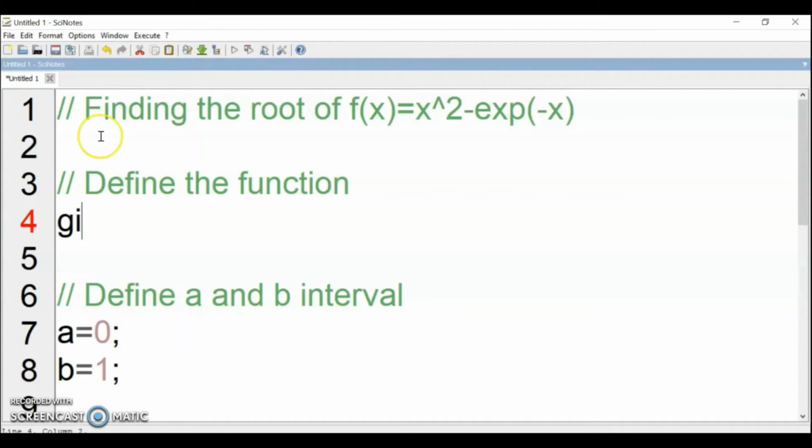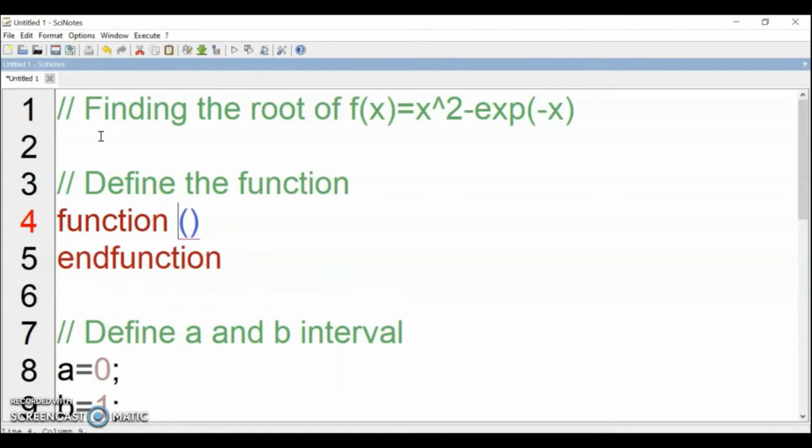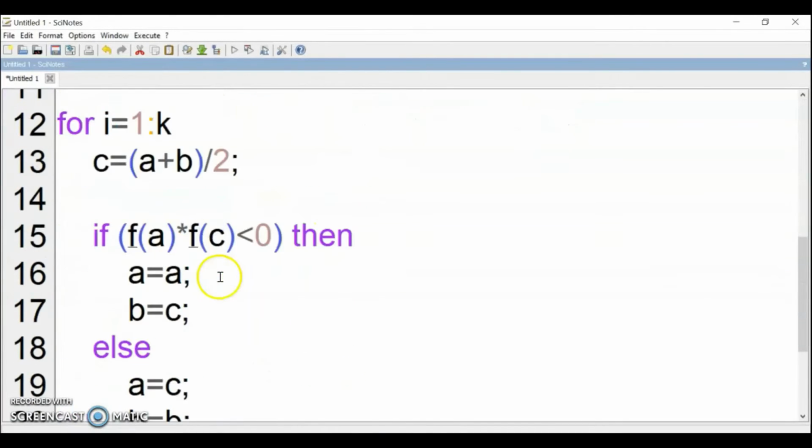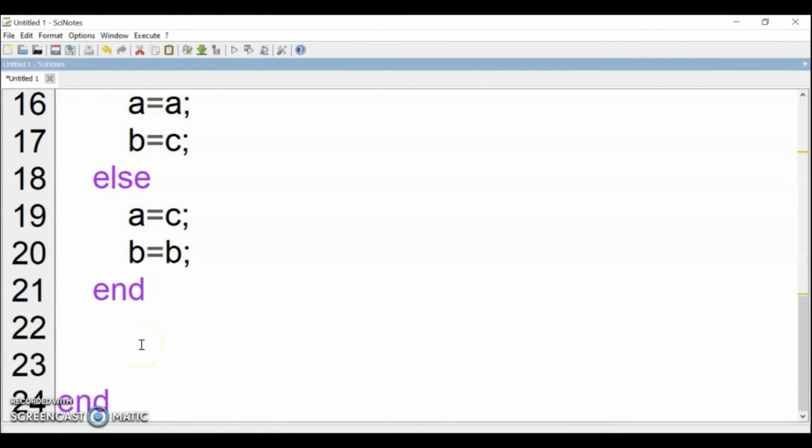So function y equals f of x. Now this y, the function is x to the power of 2 minus exponent negative x. Okay, so once you have f here, it's gonna evaluate for fa and fc, and then it's gonna give you the answer.